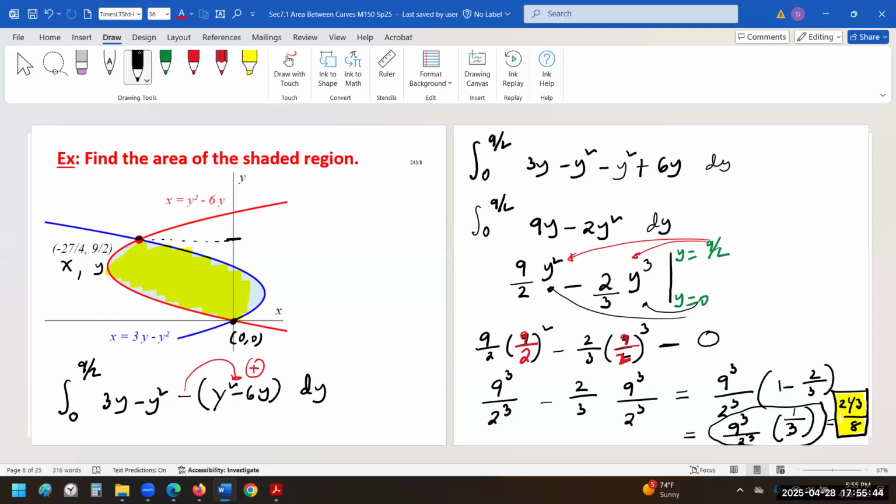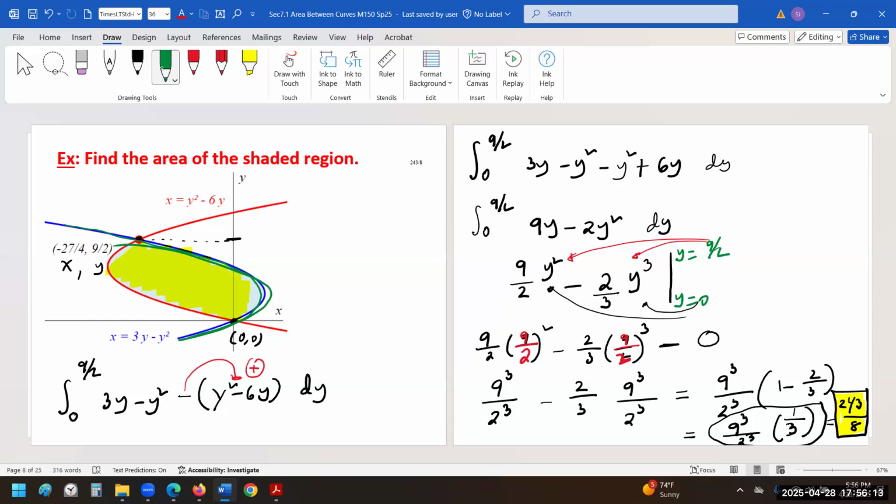Question? When your y is the independent variable, you subtract the left function from the right function. Obviously, this is right, and this is left.